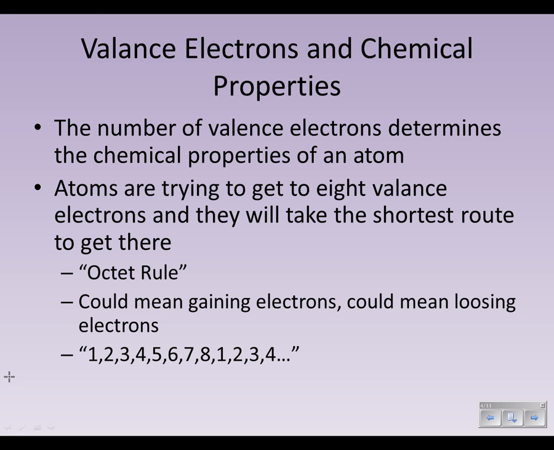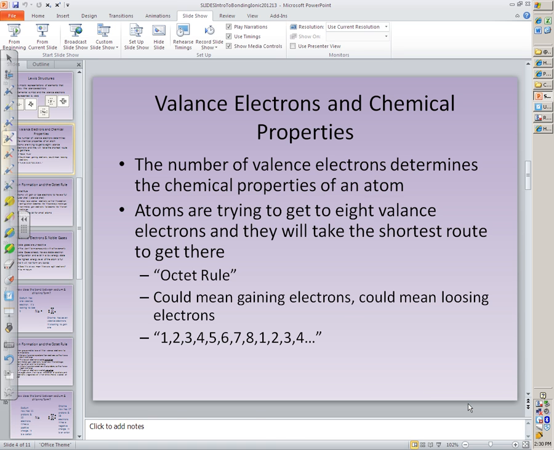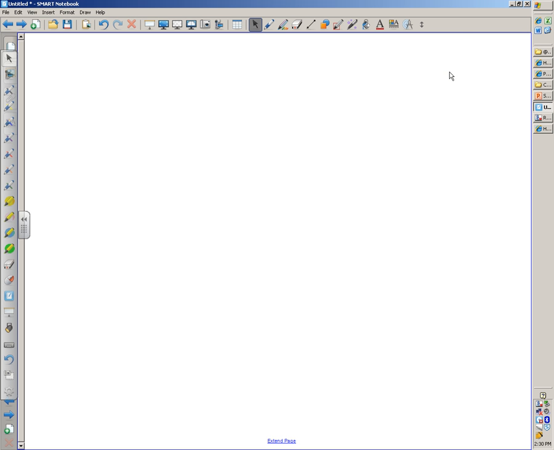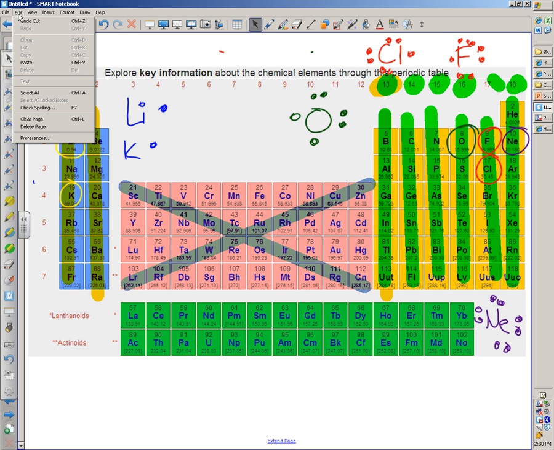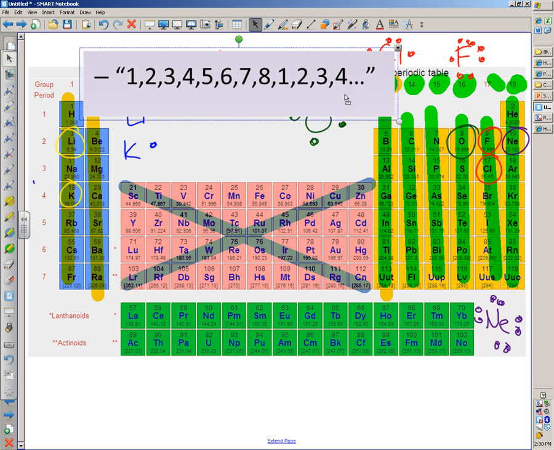If we were to look at and write down the number of valence electrons for different elements, it would look something like this, right? Let me take this here and bring it back to this periodic table, and I'm going to paste it right here. Of course, it's going to go over part of the periodic table, but that's okay.